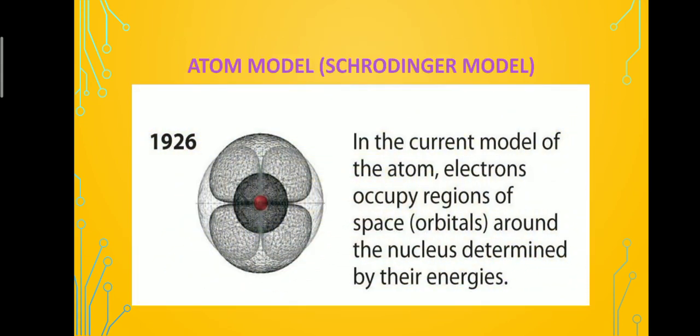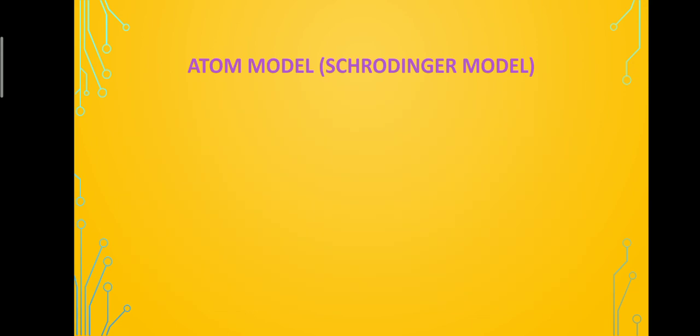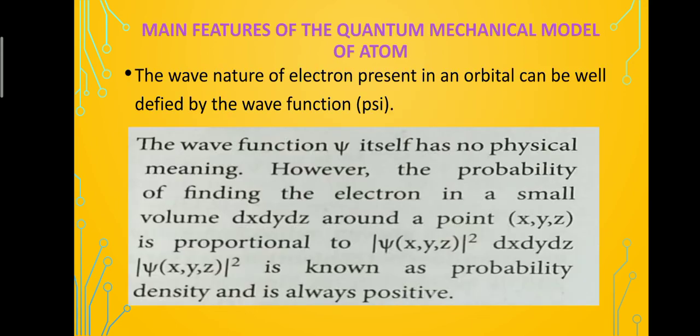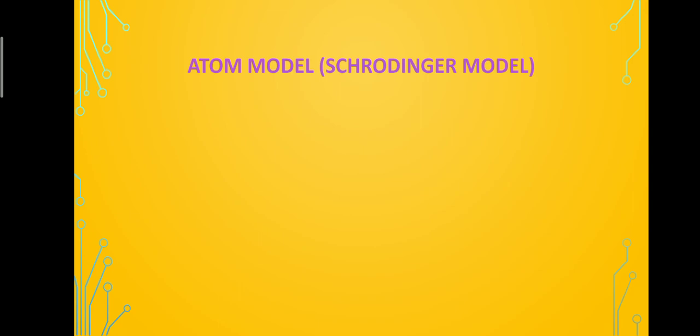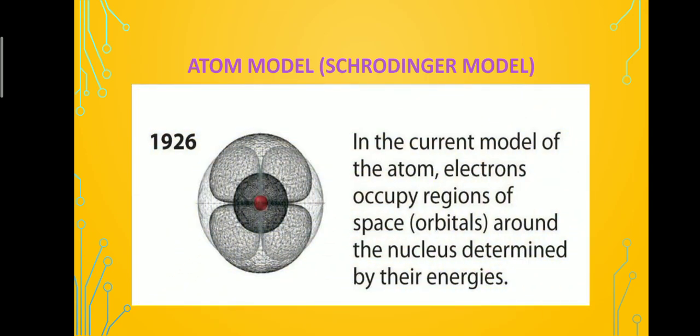And this is the Schrodinger's model. So this is the current model of an atom. So this is the Schrodinger model, and this thing we'll call an orbital.